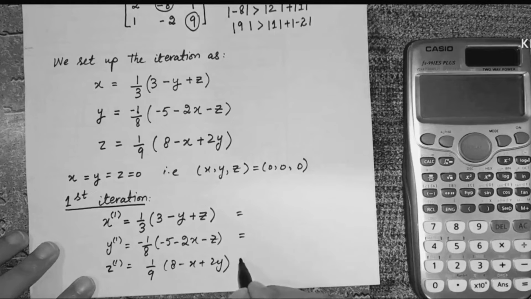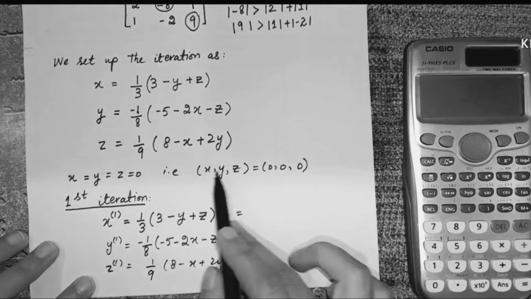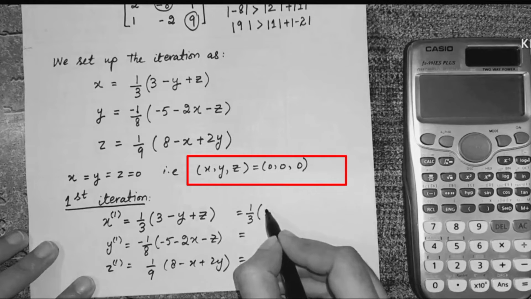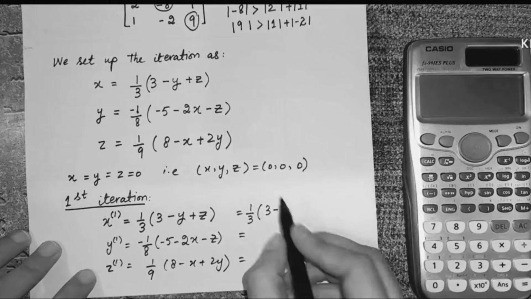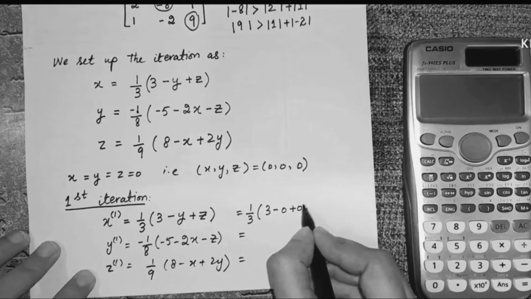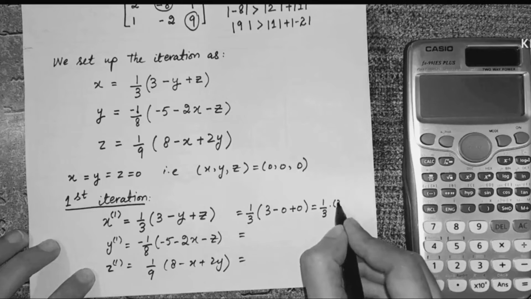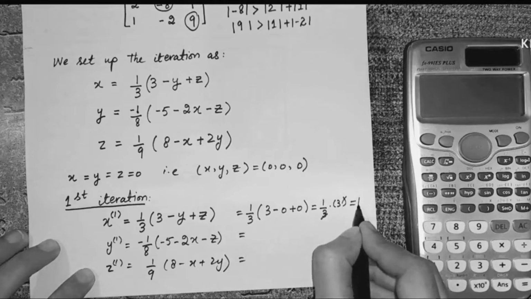As we know that our initial guess is that x, y and z are all 0, we'll simply put in the values. 1 over 3 times 3 minus the value of y, which is 0, plus 0, so we get 1 over 3 times 3, so we get 1.